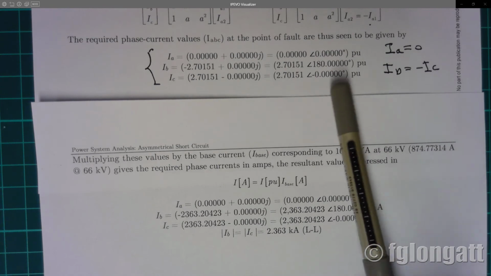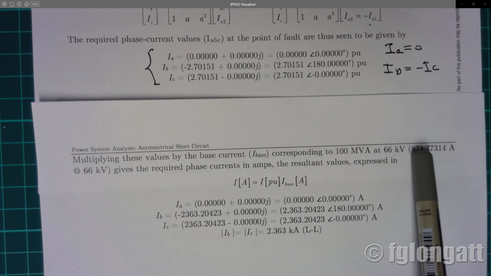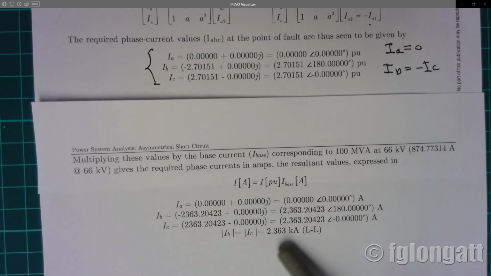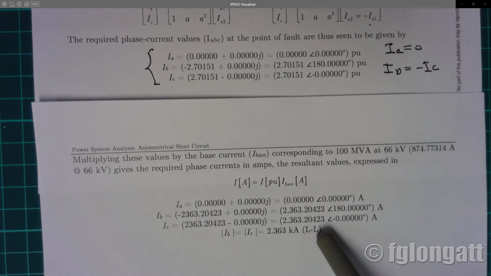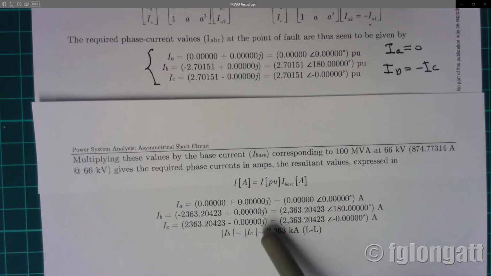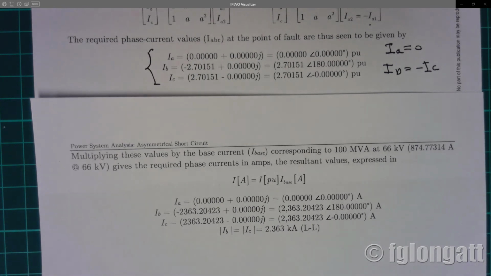If we multiply these per unit values using this base, what we obtain here is the very important short circuit current. As you can see over here, the magnitudes of B and C are the same, and the magnitude is 2.3 kiloamps, okay? This is very important. For B and C, the magnitude is the same, and the magnitude is 2.3 kiloamps, okay?